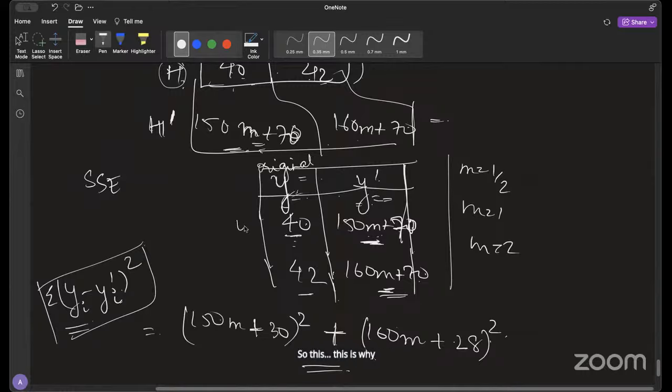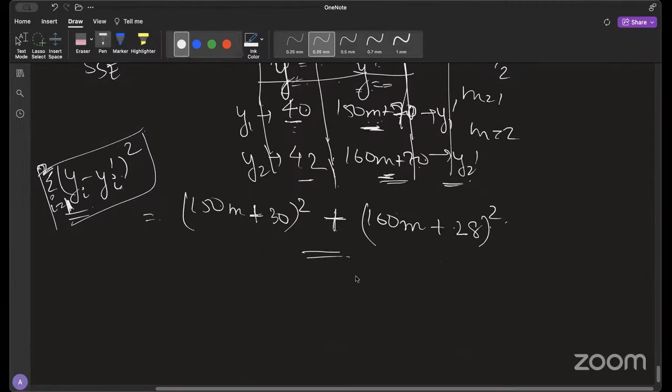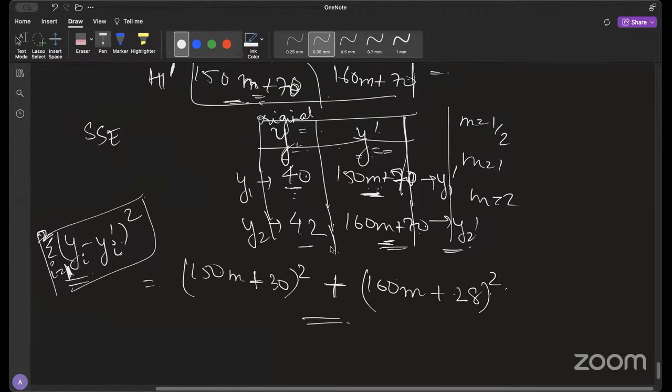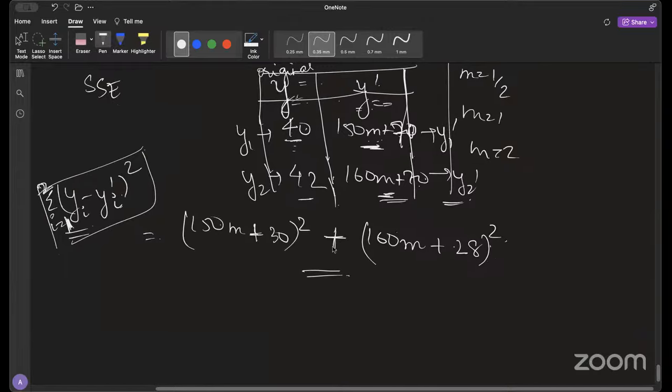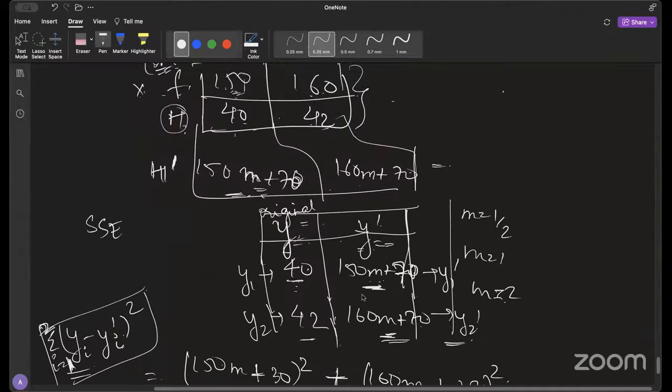So this is y1, this is y2, this is y1 dash, this is y2 dash. Y1 is yi. Is this thing clear now?